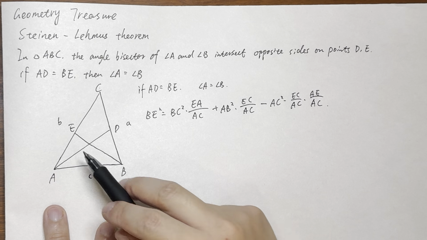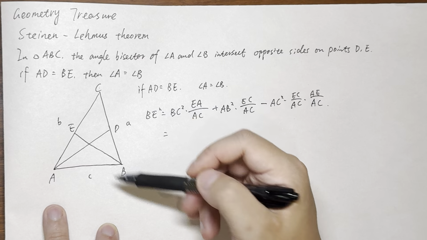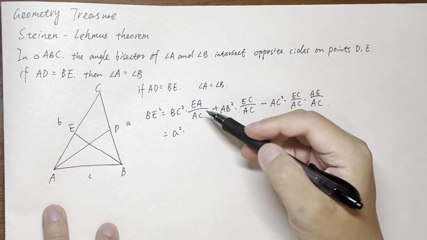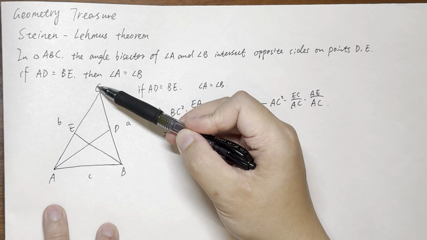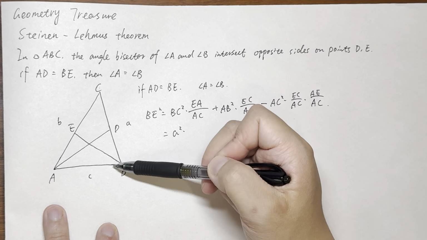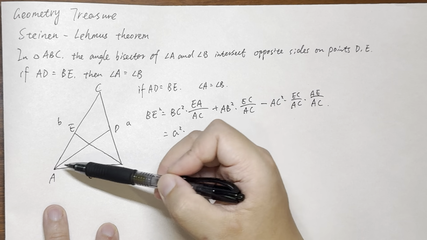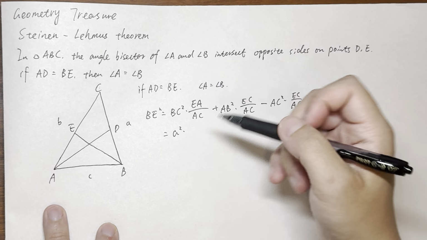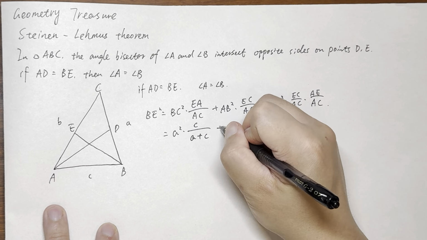This equals BC squared, that's a squared, times EA to AC. We know that BE is the angle bisector of angle B, so AE to AC would be AB to AB plus BC, which is c divided by a plus c.